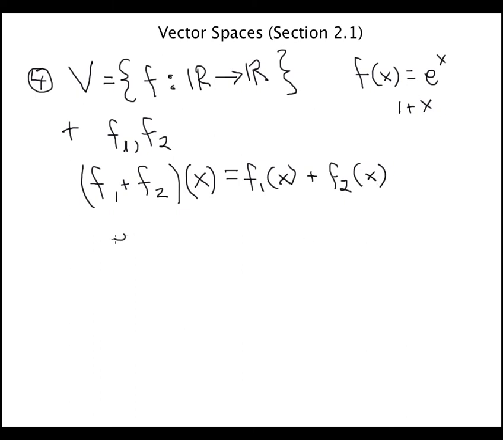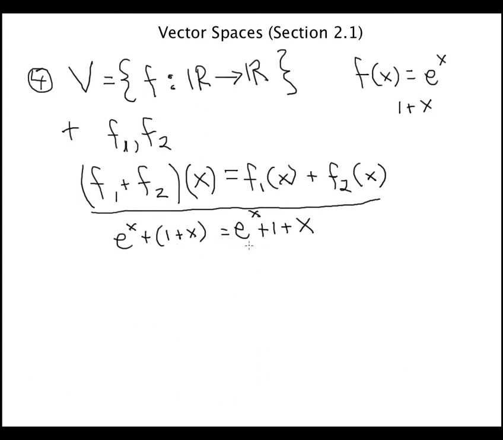The usual thing: e to the x plus 1 plus x is just kind of a tautology, e to the x plus 1 plus x. Not much to say here, except to notice that this law, which might look sort of weird and formal, is really what's behind this identity.